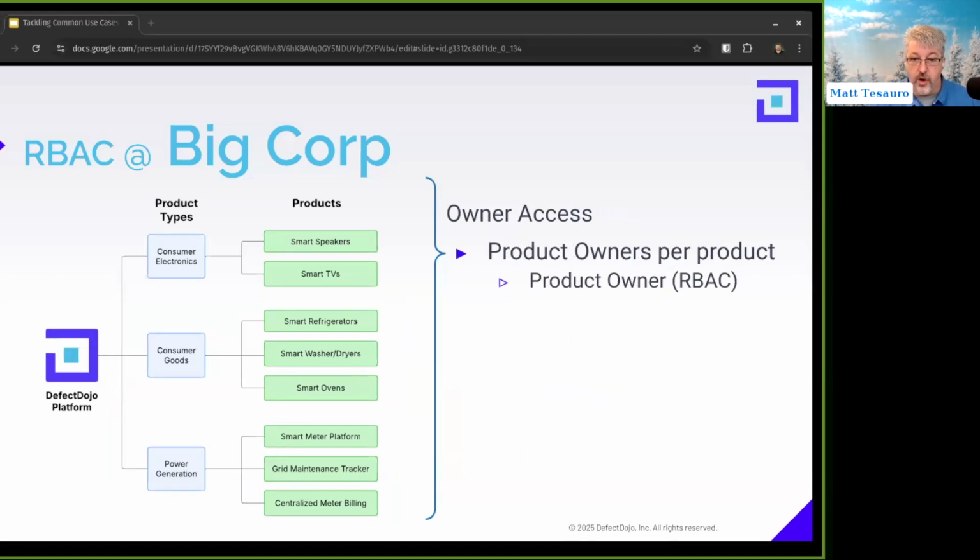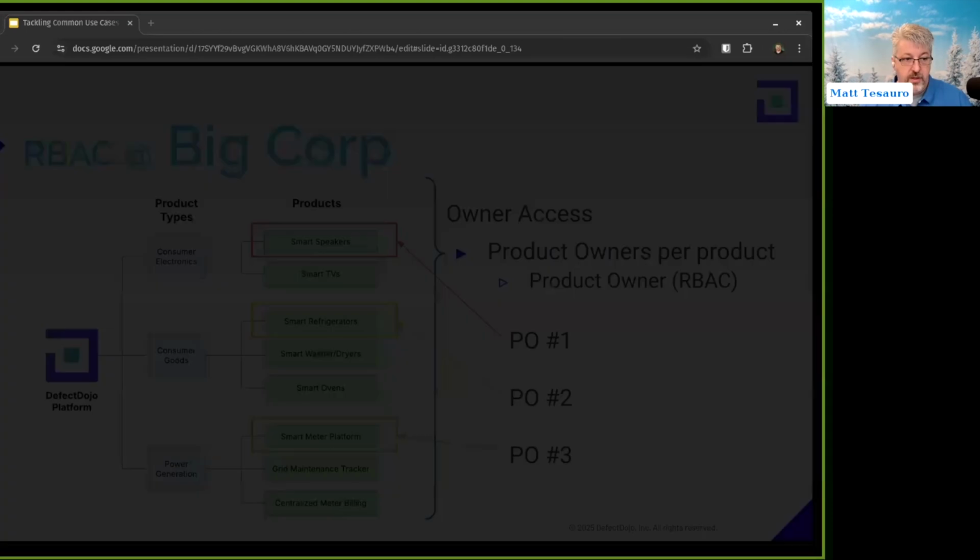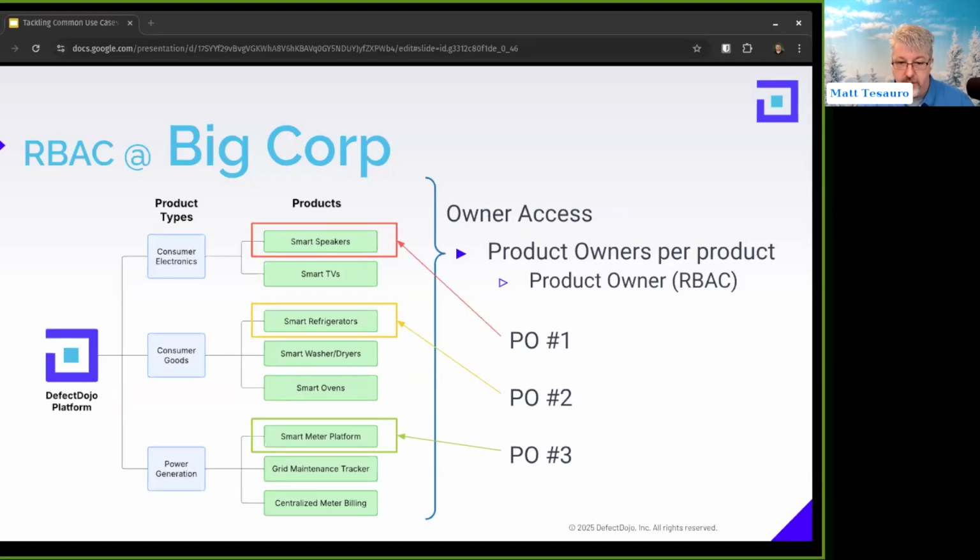Next, in terms of owner access, at the product level, product owners will have what's called in Dojo speak product owner RBAC permission, which means, for example, product owner 1, the product owner for smart speakers, has only access to that product. Same for product owner 2, which is smart refrigerators.